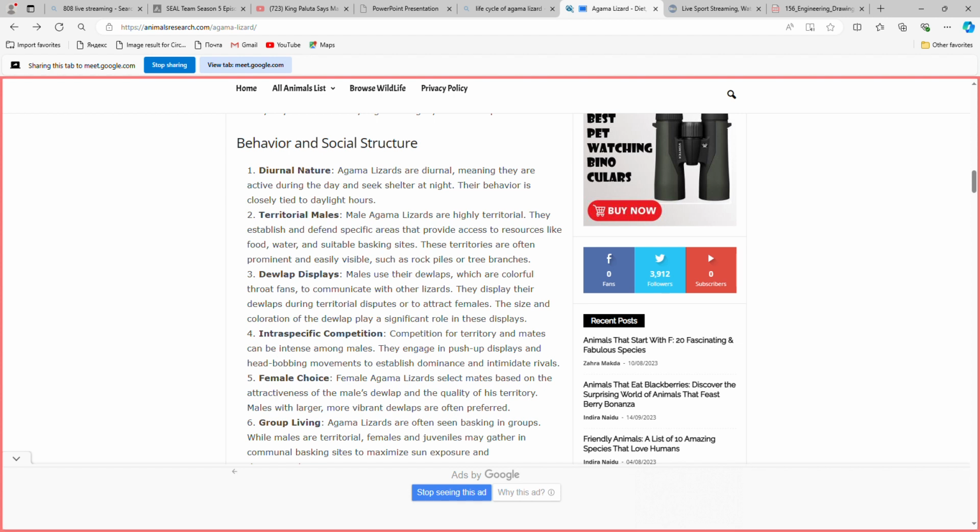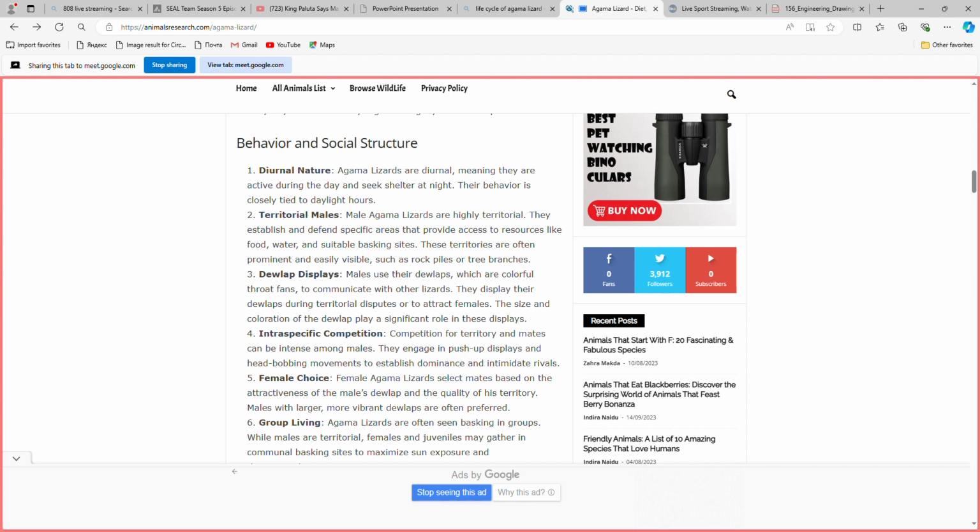And these territories are often prominent and easily visible, such as rock piles or tree branches. So these are the places that the male agama go in search of, to create their own habitat.